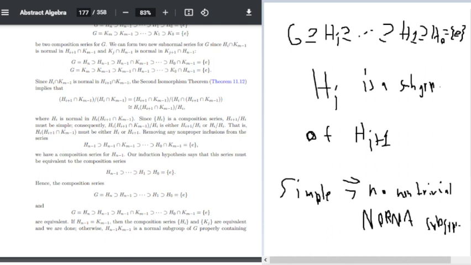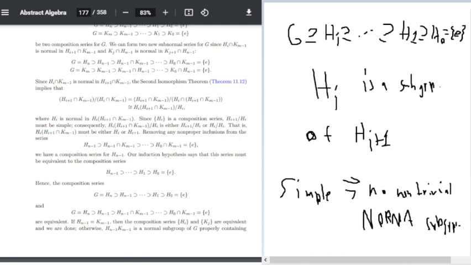Removing any non-proper trivial inclusions from the series H_{n-1} ⊇ H_{n-1} ∩ K_{m-1} ⊇ ... ⊇ H_0 ∩ K_{m-1} = e, we have a composition series for H_{n-1}. Our inductive hypothesis says this series must be equivalent to the composition series H_{n-1} ⊇ ... ⊇ H_1 ⊇ H_0 = e.